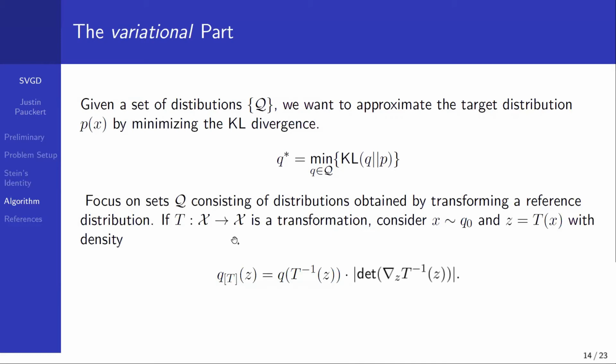And for now, I'm going to denote the density with QT of Z. This is actually the main part about it. You don't really have to worry about this too much. Just know that this means the density of our new variable Z, which we have obtained by applying the transformation T.